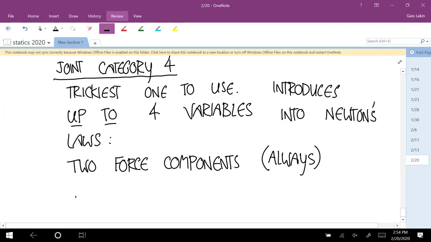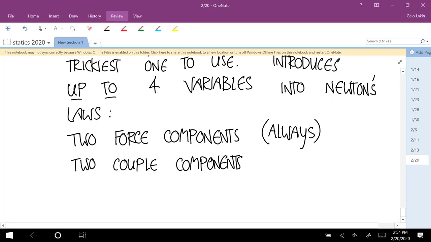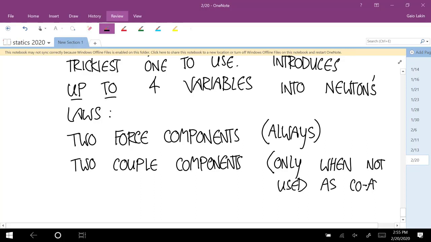And then there are 2 couple components that are there only when not used as a coaxial pair.